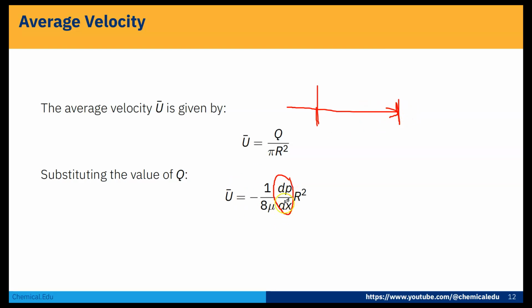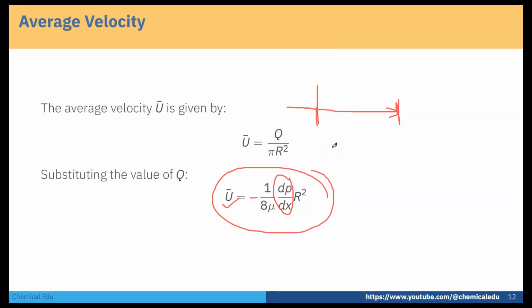So dp by dx is actually negative, and that will take care of it, and u average will be minus 1 by 8 mu times dp by dx times R square. So that will be the average velocity. I think that's it. Thank you.